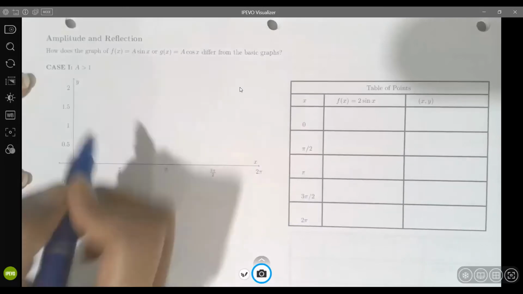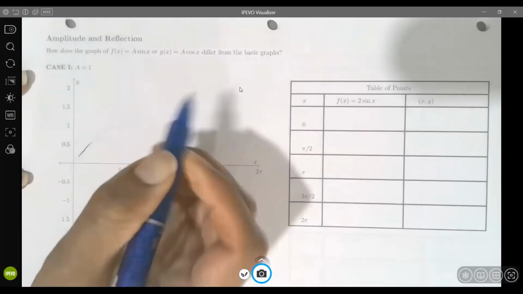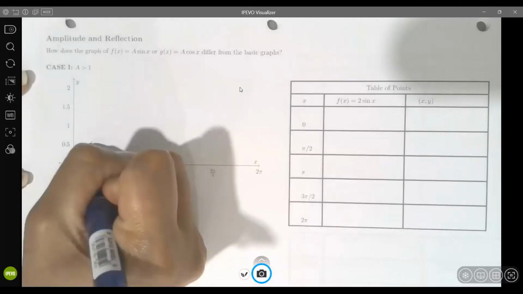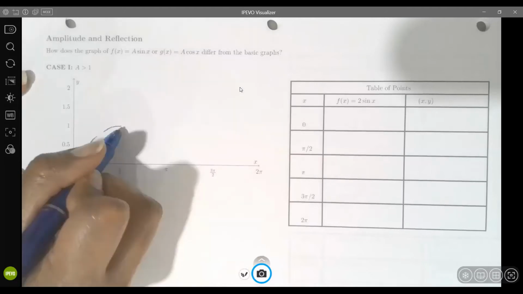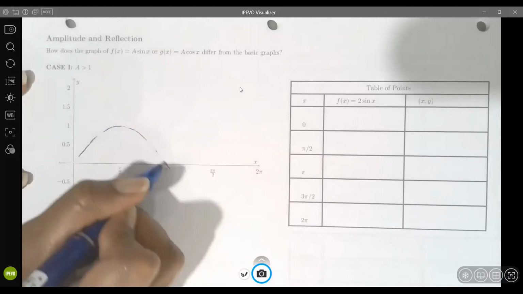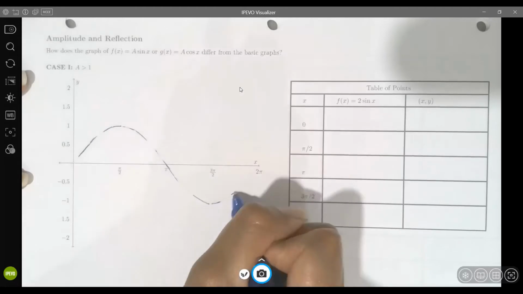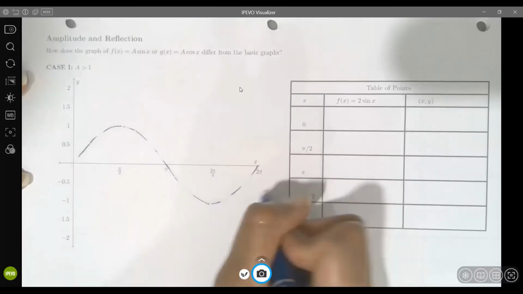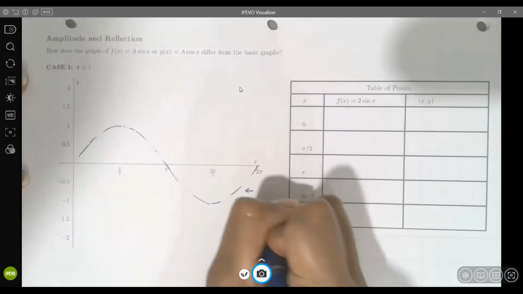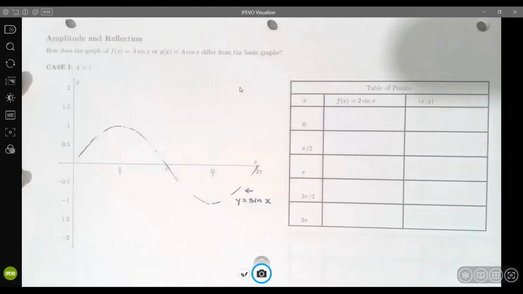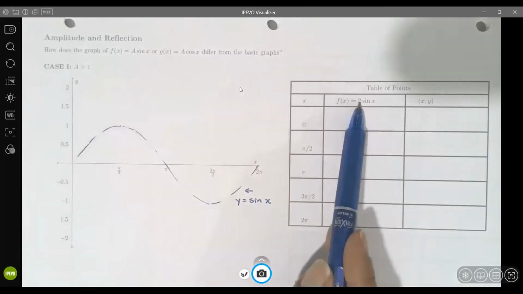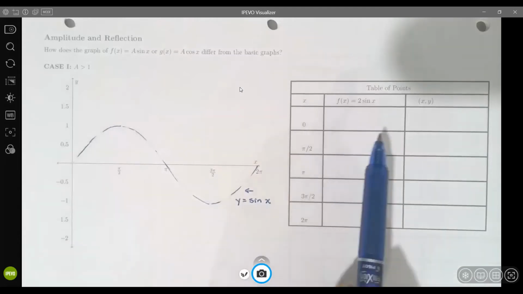But you can see what the graph of sine actually looks like if we don't have any number attached to it. So this curve here, okay, this is y equals sine of x. What we want to do now is figure out what's going to happen when we take 2 and multiply it with sine of x. What's going to happen to the graph?